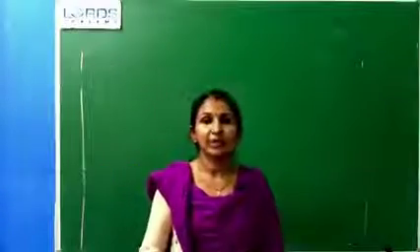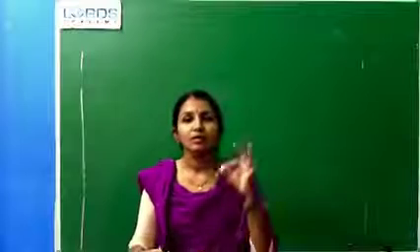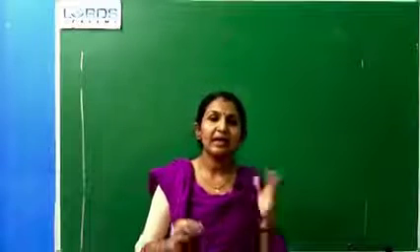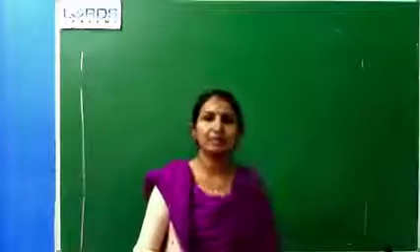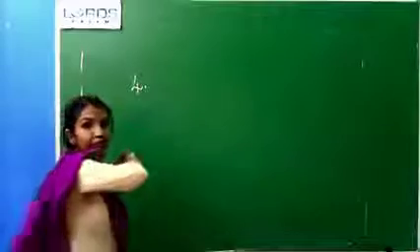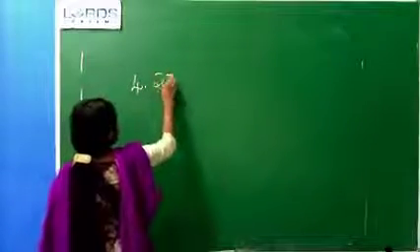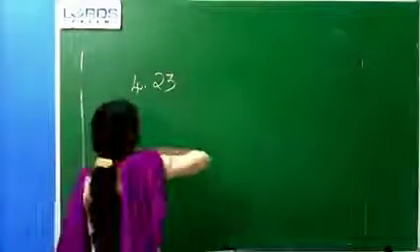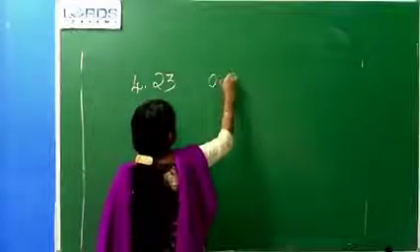Now the next topic is multiplication. So how we can multiply a decimal number with a decimal number. 4.23 multiplied by 0.8.